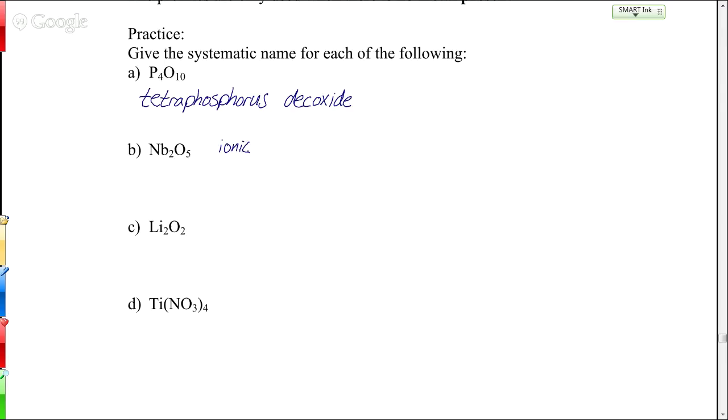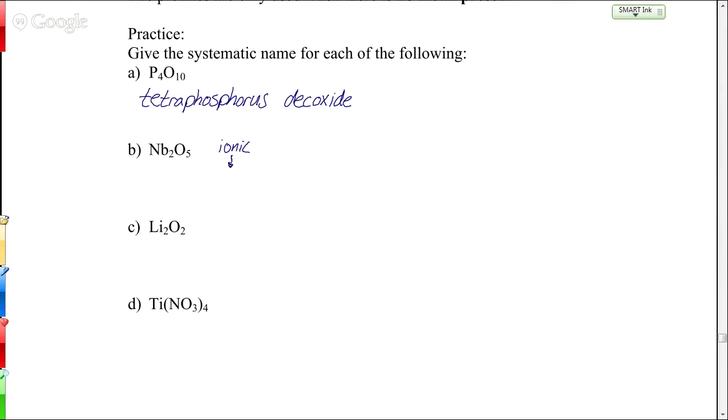Once we know it's ionic, what's the next question that we have to ask to get the correct name? Yeah, the charge. Is it a fixed charge? Do we know the charge of niobium always? Is it always the same? Or is it variable? Variable. So variable charge.